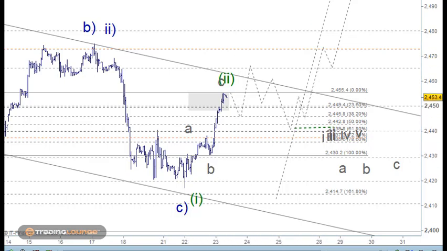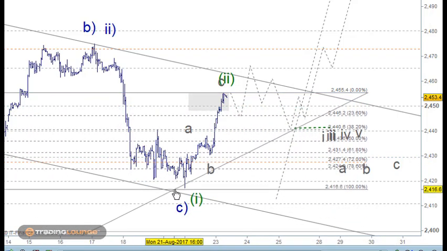Let me just grab another little tool here. So that's the 50 and the 60% retracement level. That's not the one I'm looking for though. I'm just going to remove that. What I want to do is bring it down to this level here.